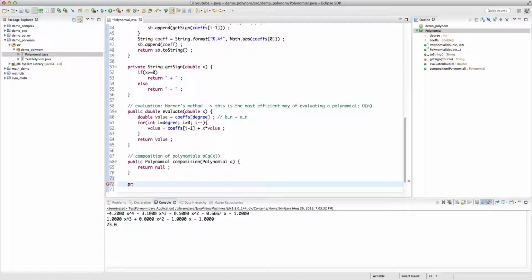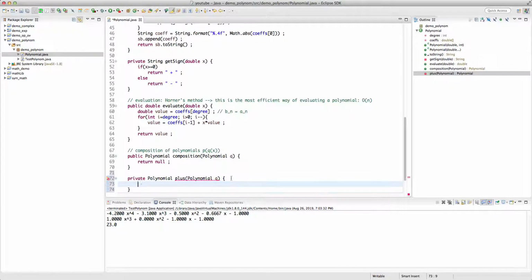I'm going to create a private polynomial plus polynomial q. So this is p plus q, or this object plus q of x.